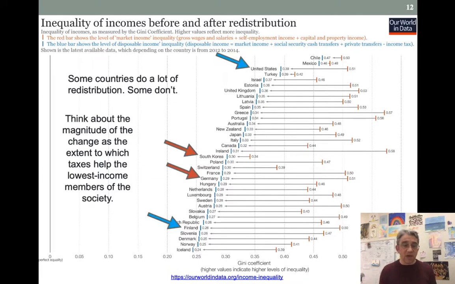It's clear that some economies, South Korea is one example, Switzerland just a couple of rows below is another, where there's a lot done to change the way the market acts, and then just some redistribution after the fact. And then in other cases, there's clearly a lot less affecting the market in a raw sense, and then there's a lot more redistribution after the fact. Those are quite profound policy differences.